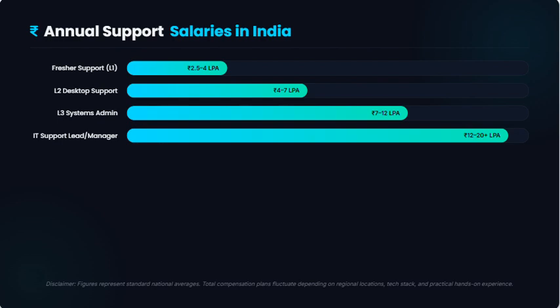And next, the main question: what's the salary? If you're a fresher with no prior experience in IT, you will get around 2.5 to 4 LPA. Once you gain experience, you get around 5 to 7 LPA. With a little more experience, 7 to 12 and 12 to 20. But these are the standard.